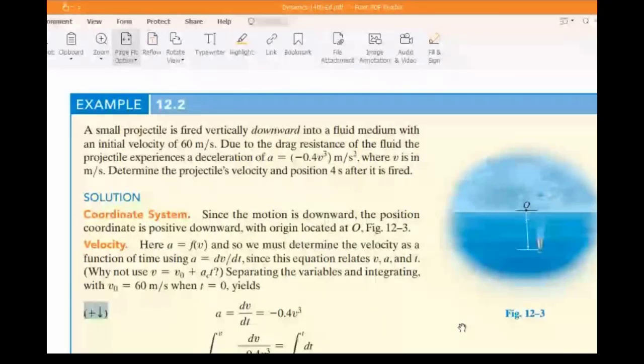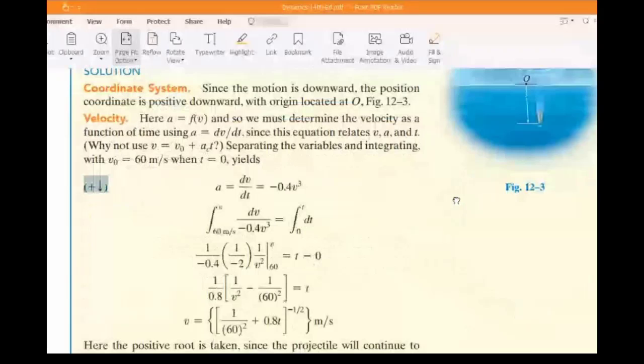Since the acceleration is a function of v, we must determine the velocity as a function of time using a = dv/dt. Since the equation relates v, a and t, why don't we use v = v0 + at? This is a hint: because acceleration is velocity dependent. It is not constant, it is a function, meaning acceleration varies.